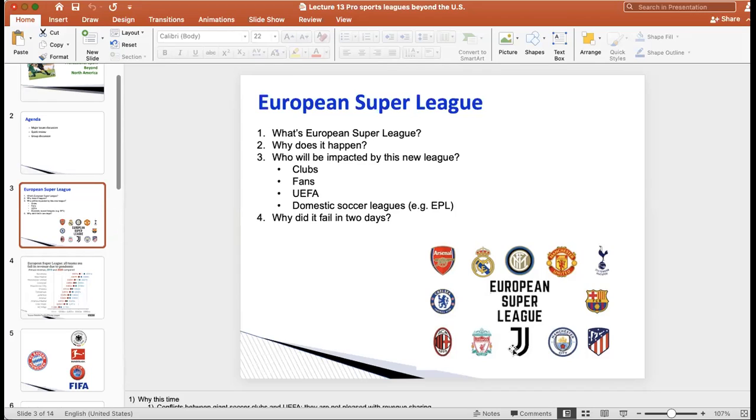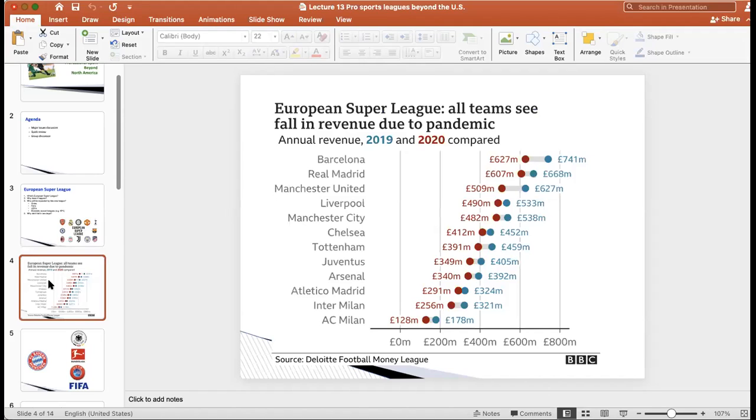Now, why did they decide to have this European Super League at this point in time? There are two reasons. The first reason is that last year was the pandemic. You can see all the revenue generated by those 12 teams has declined significantly.